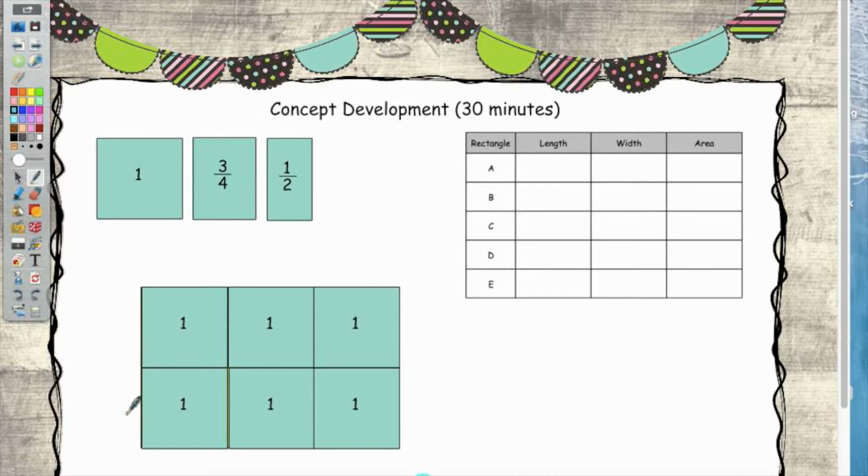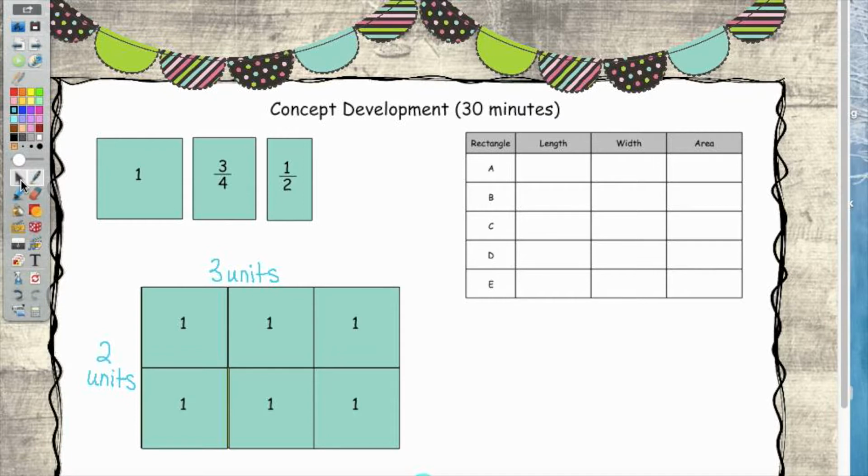But what if I needed to write something on the side of my rectangle? You could do 3 times 2. I could. So I could do 2 units here, don't write this yet, and 3 units here, correct? And I could multiply.